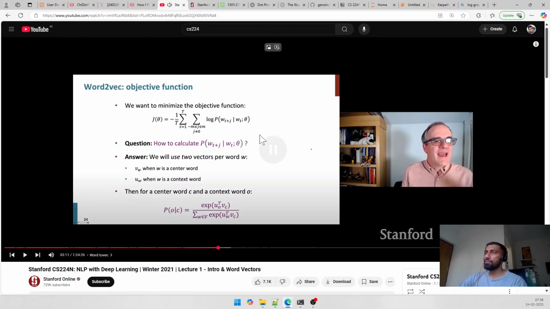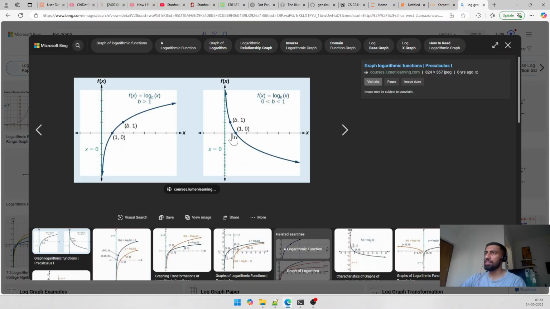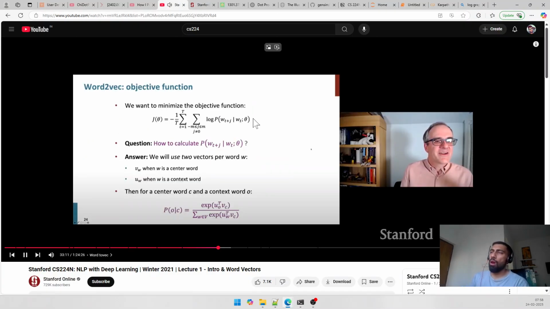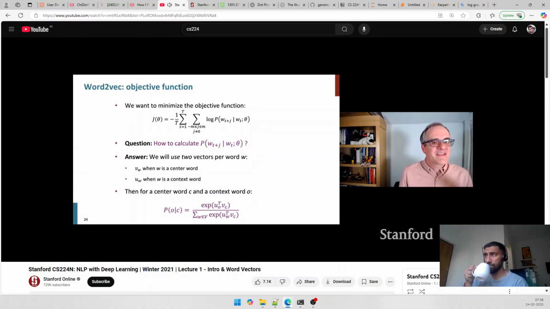The way we're actually going to do that is we have vector representations for each word, and we're going to work out the probability simply in terms of the word vectors.